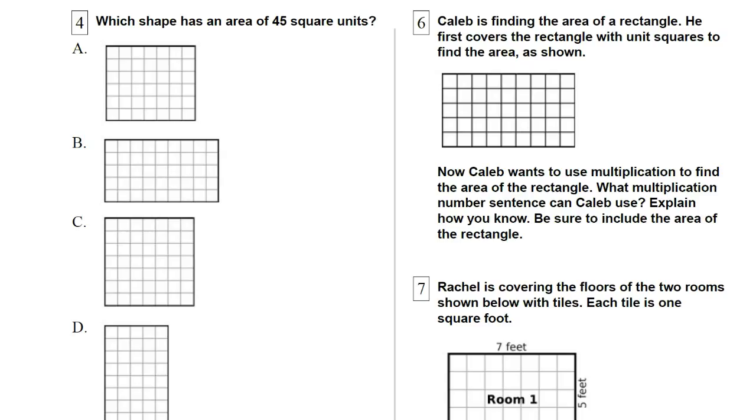Now, number 4 says which shape has an area of 45 square units, right? Now, what's the formula for area again? Length times width. So what two numbers multiplied together gives me 45? 9 and 5, or 5 and 9. Well, let's see.